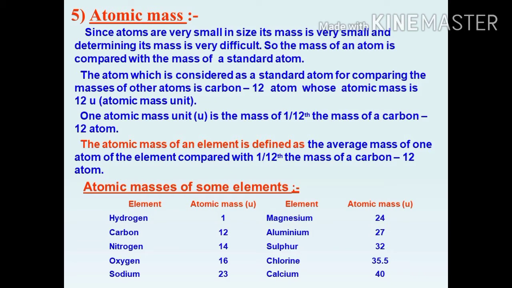Mass is a measure of the amount of matter in an object. So measuring the mass of an atom is very difficult. So the mass of an atom is compared with the mass of a standard atom.